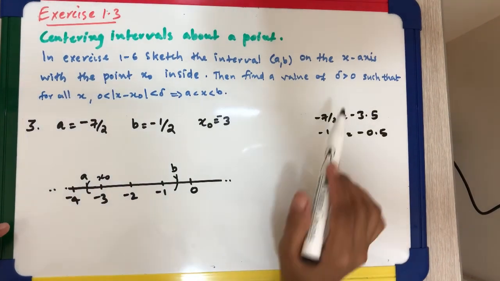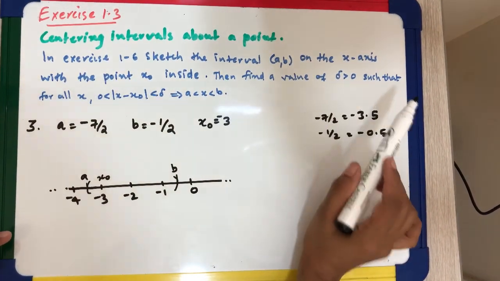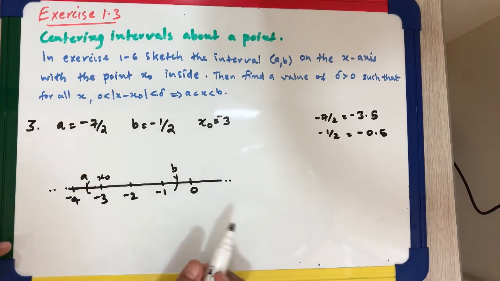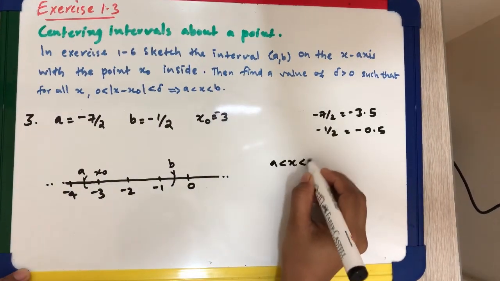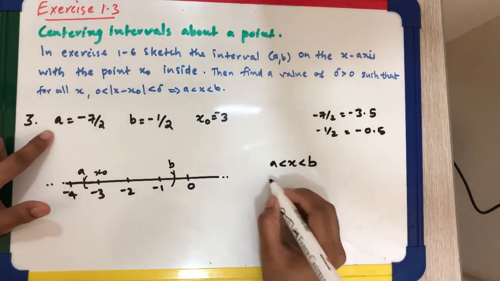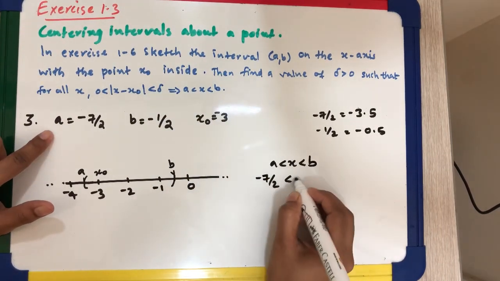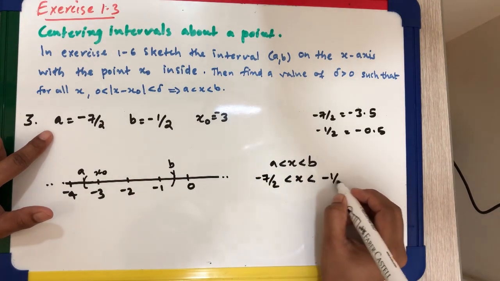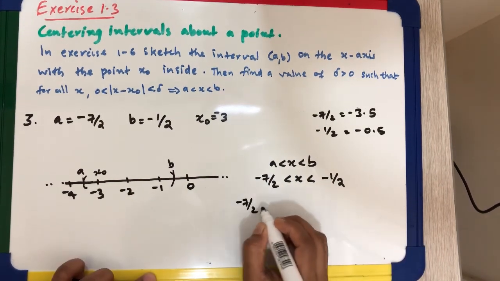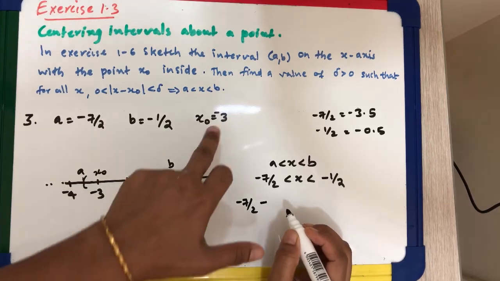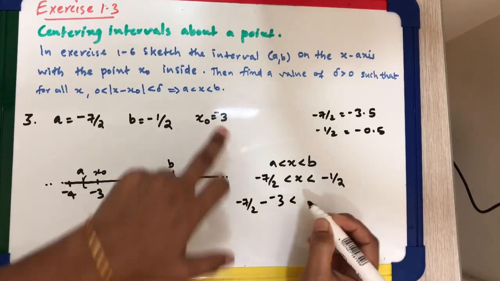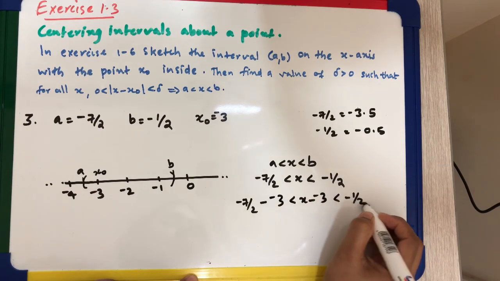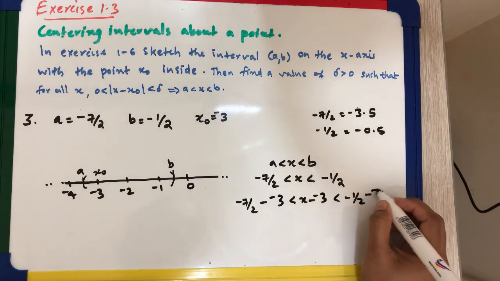Next we have to find a positive delta satisfying 0 less than mod x minus x0 less than delta implies a less than x less than b. Here a equal to minus 7 by 2, so minus 7 by 2 less than x less than b equal to minus 1 by 2. Now minus 7 by 2 minus x0 is minus 3, so minus 7 by 2 minus 3 less than x minus minus 3 less than minus 1 by 2 minus 3.